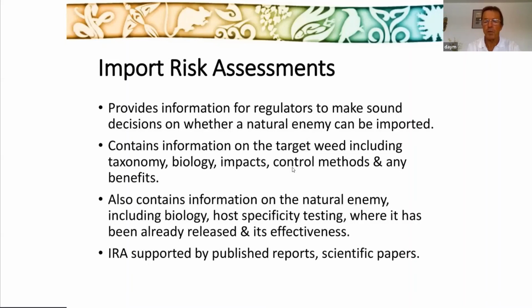And the testing has also been thorough before it's been introduced. And so we put all that information in there, and that gives the regulator a lot more confidence that the insect not only has been thoroughly tested, but it's been tried in all these countries, doesn't attack anything else, and is a highly useful insect.